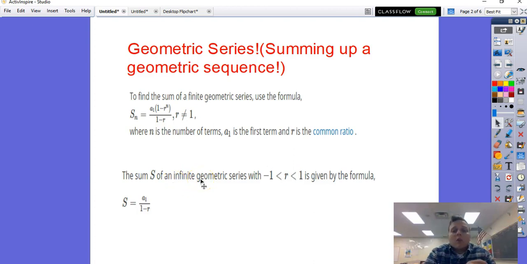So if I asked you to find the sum of a geometric series, but r was, let's say, 3, so we were multiplying by 3 each time, or even negative 3, that would not give an r value between negative 1 and 1, so it would not count. I could not do it, so you would just say not possible. But if you're given an r value between negative 1 and 1, then you can use the formula S equals the first term divided by 1 minus r.